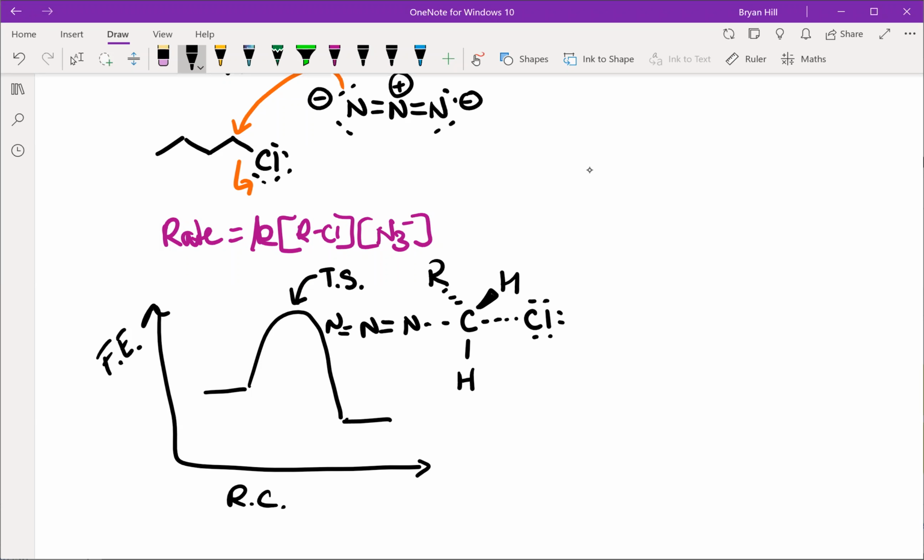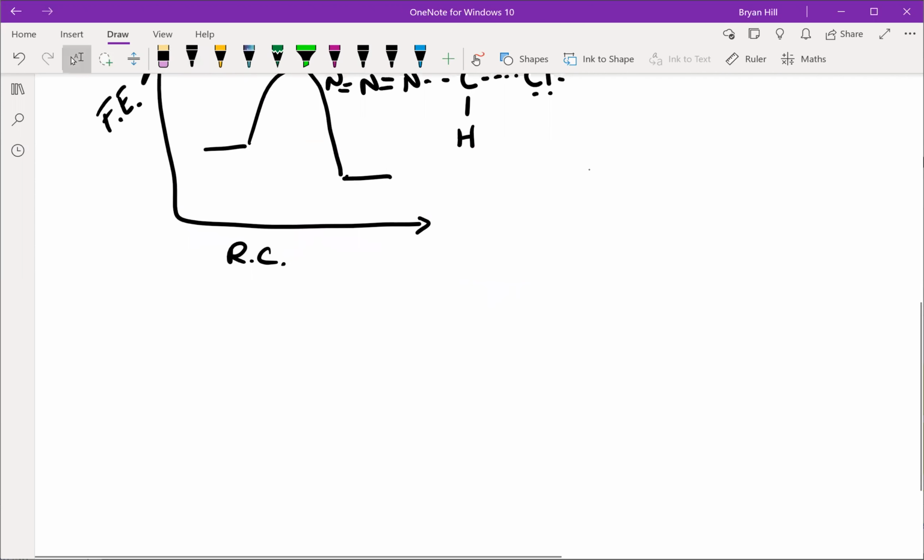So the nucleophile has to attack from the opposite side. If you've got a secondary alkyl halide, like say this one, actually let's just do OMS. So this would be the mesylate, which is a good leaving group.